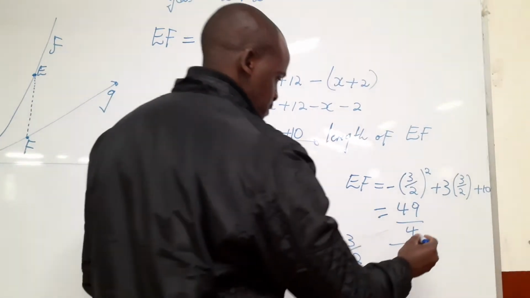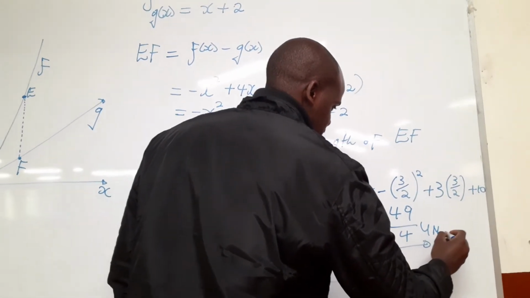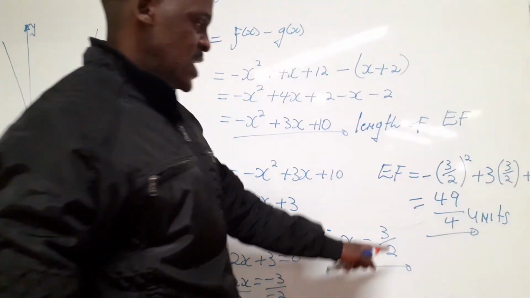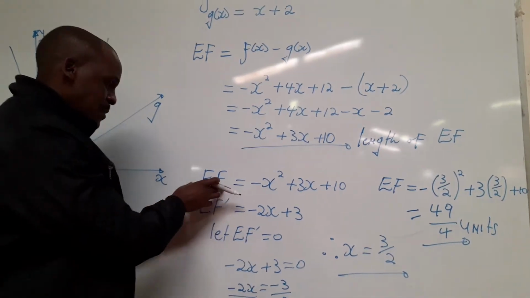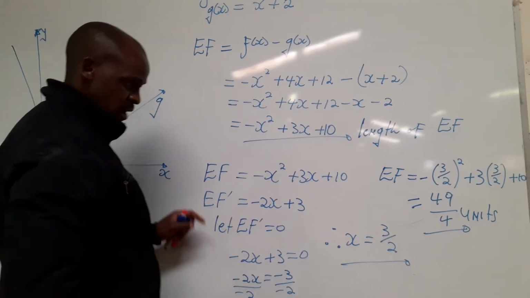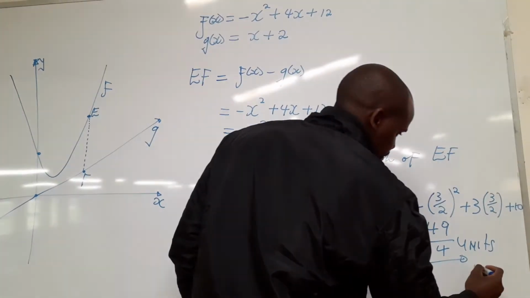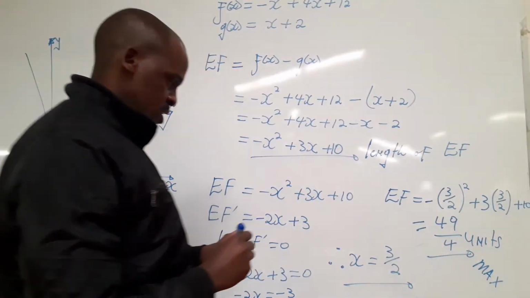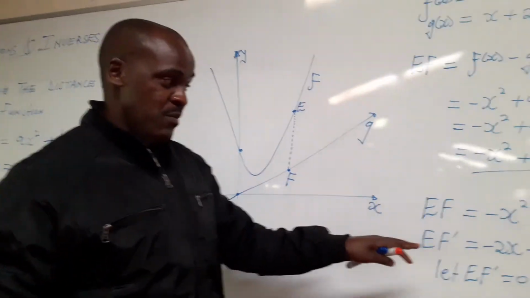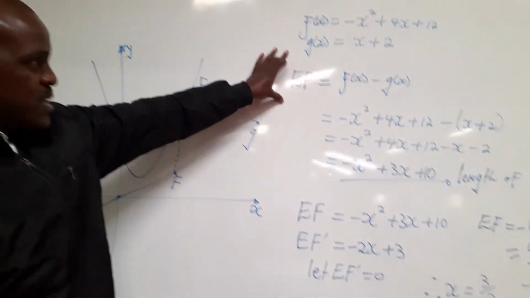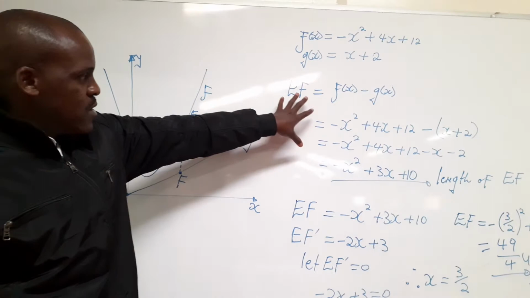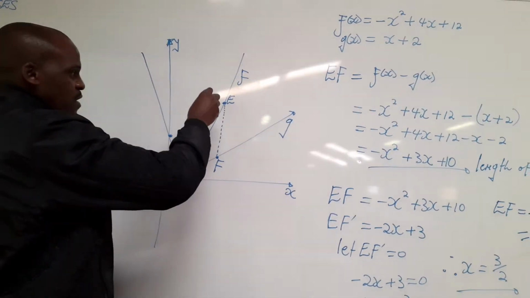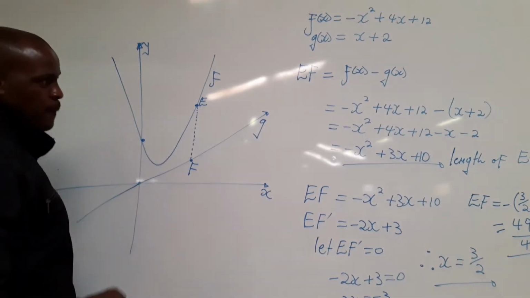Units, because we are talking about the length. It's 49/4 units. This is the maximum length of EF. Remember that to find that maximum length, we firstly subtract the two functions, the function of f and the function of g.